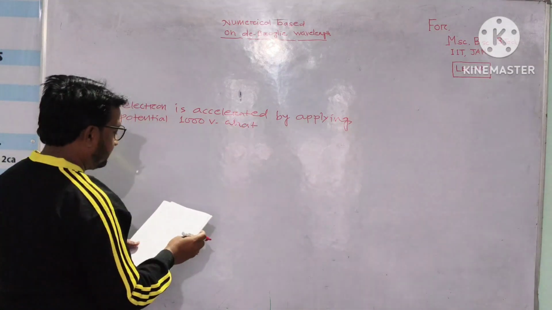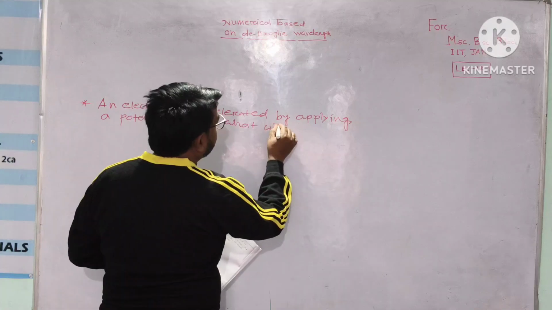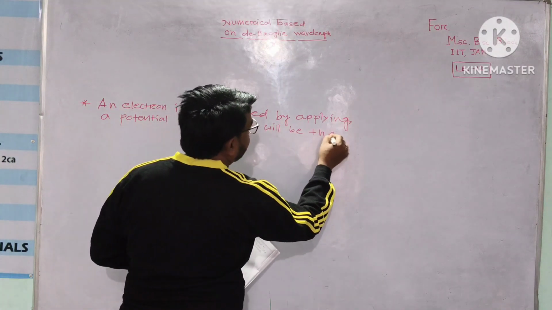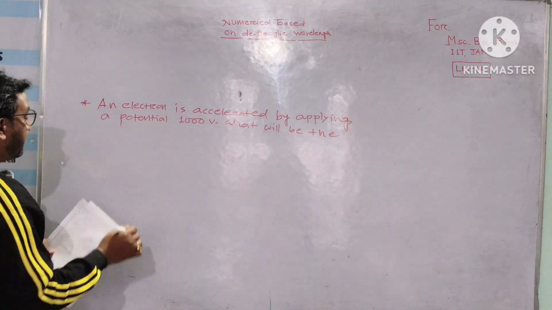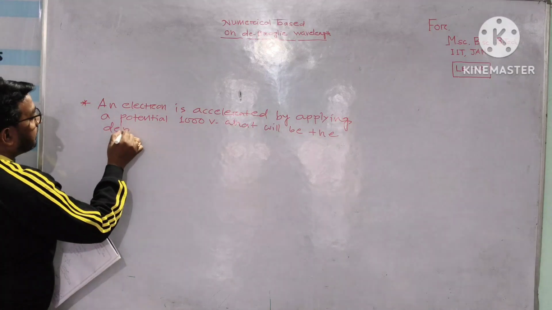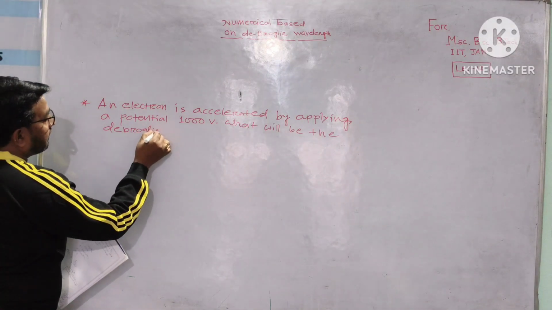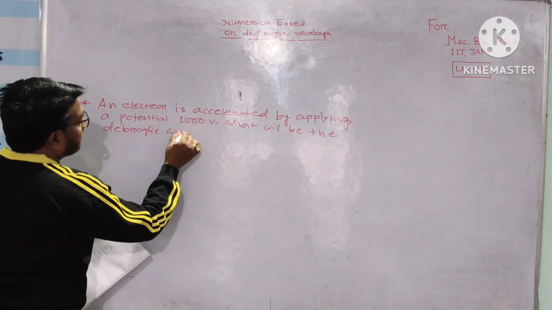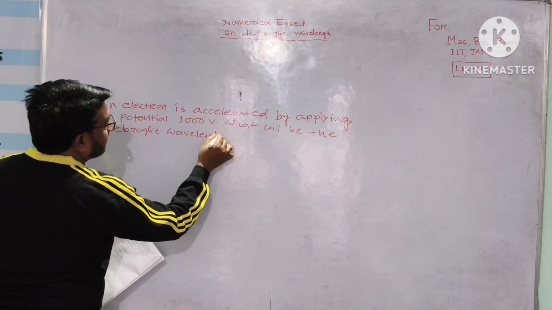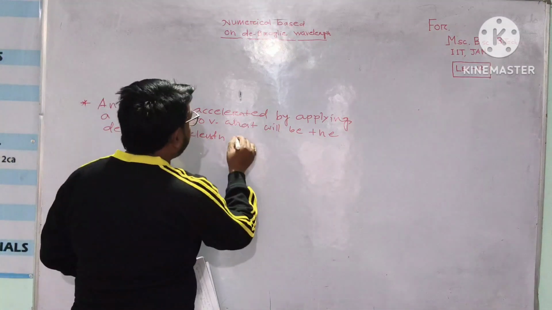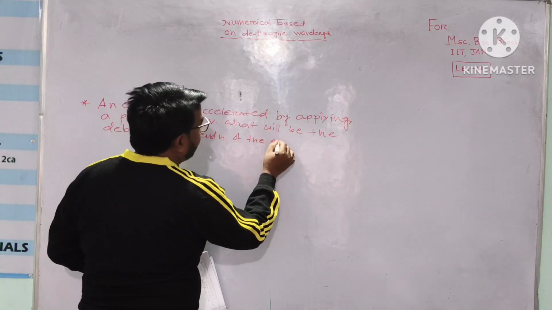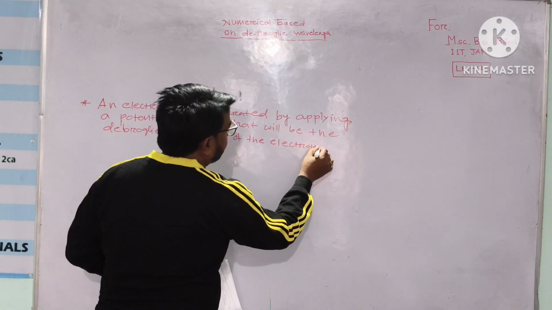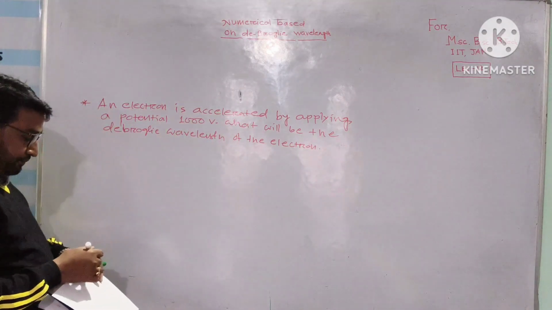What will be the de Broglie wavelength of the electron? Okay, this is our second numerical problem.